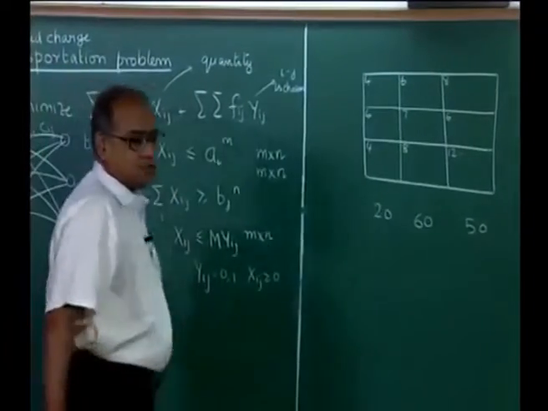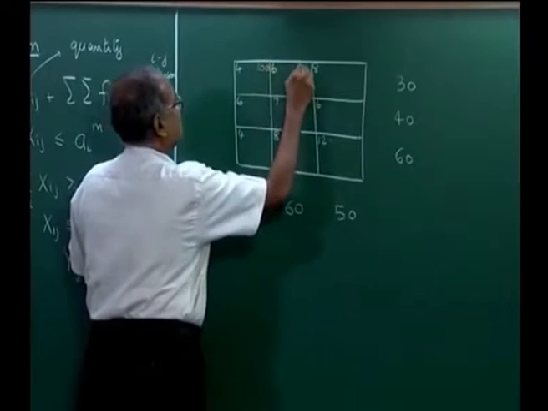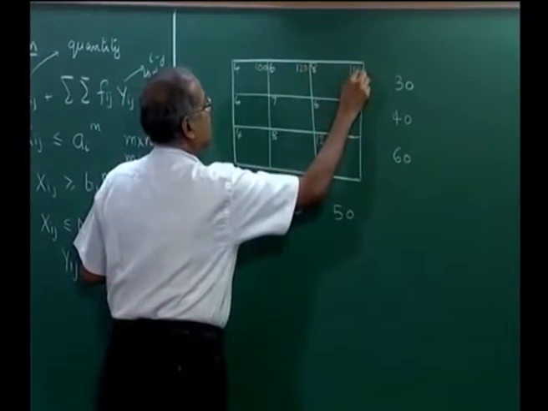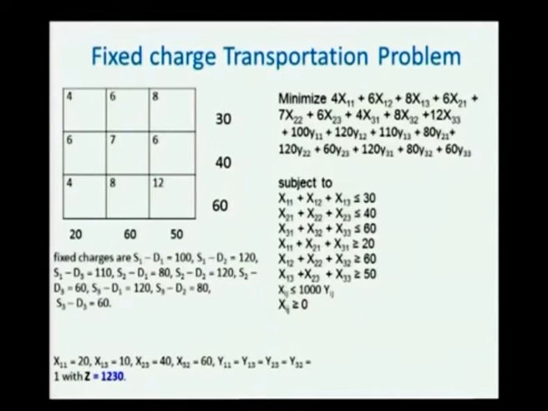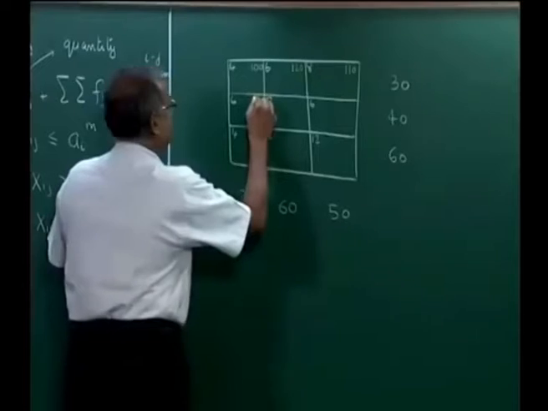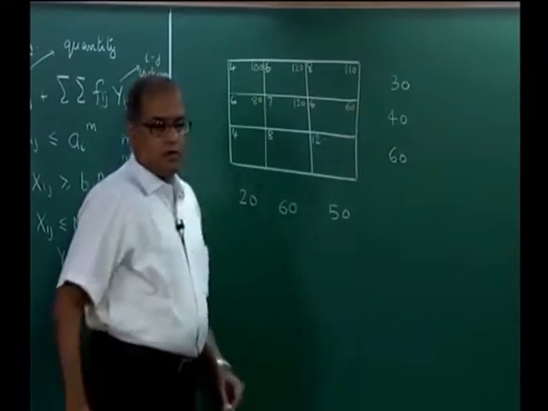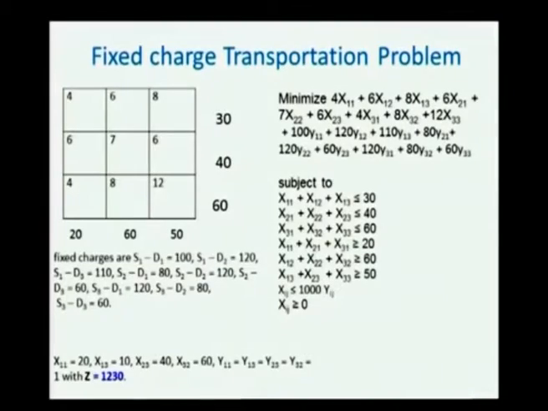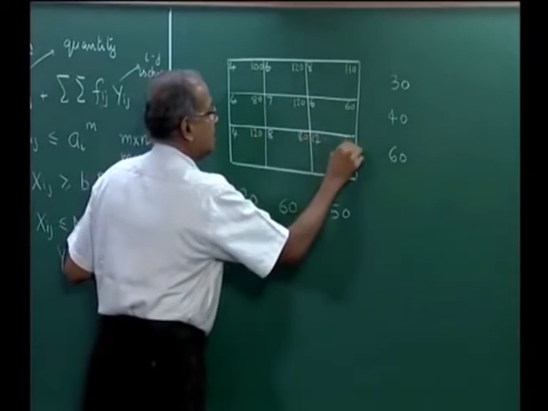So the fixed charge is now shown here: 100, 120, 110, then 80, 120, 60, then 120, 80 and 60.